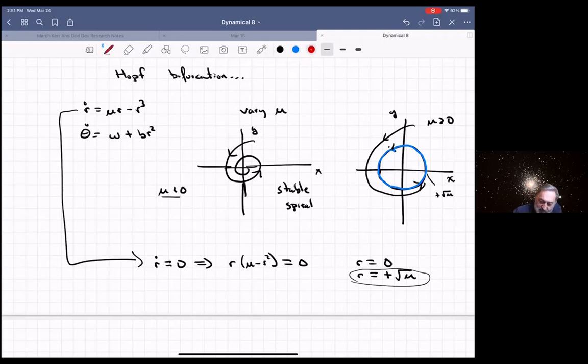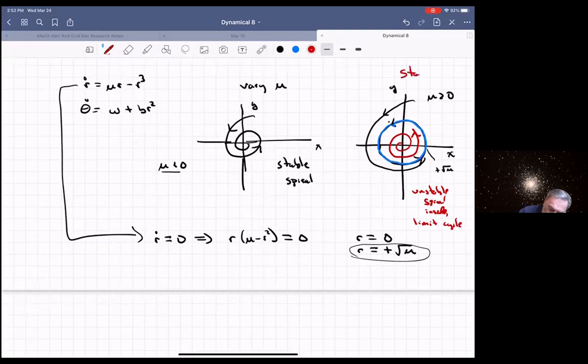And on the inside, it flips around to being an unstable spiral. So this is a stable limit cycle here.